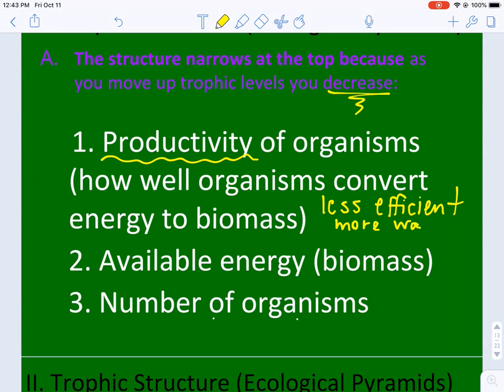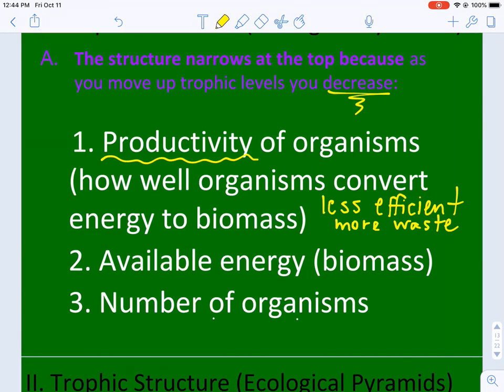Those apex predators are much less efficient than an herbivore. Productivity of organisms can also be thought of as how well organisms convert energy in the food they eat to biomass, or atoms and molecules in their body.